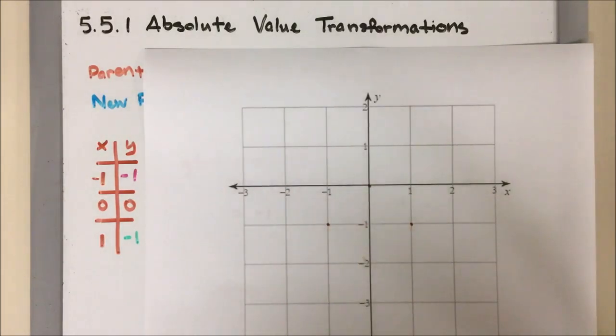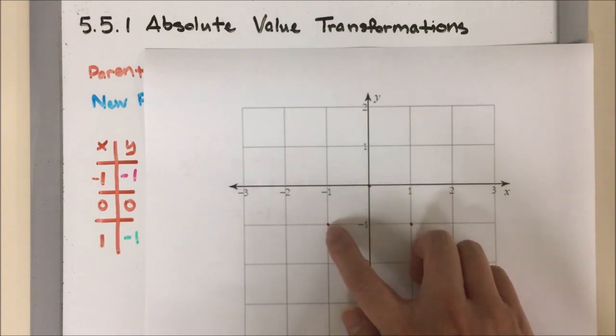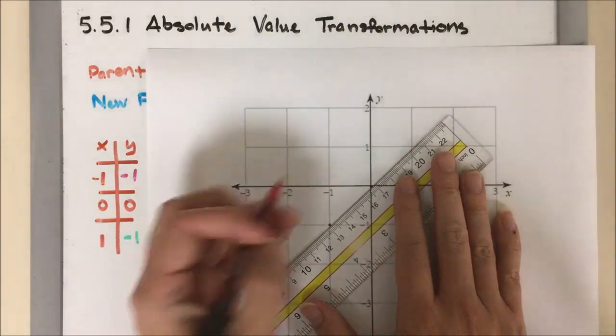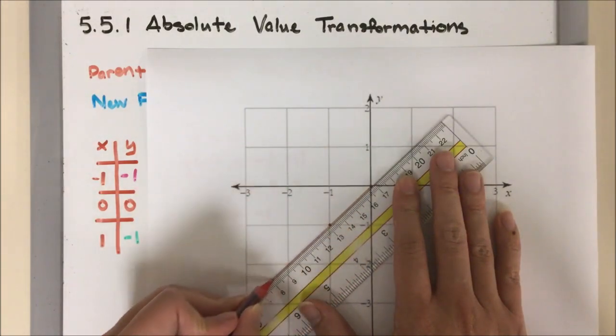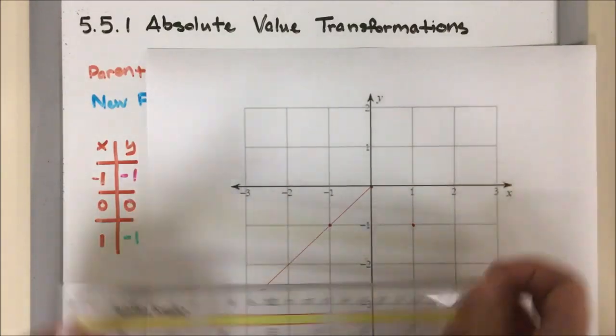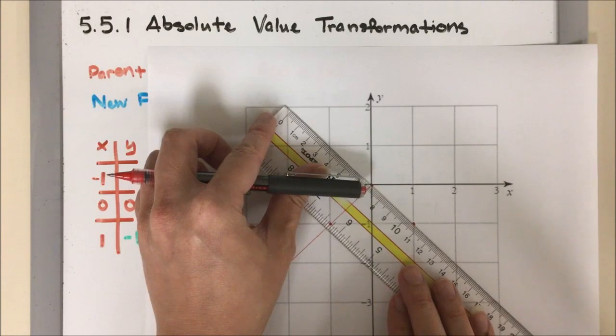So if I were to graph this, I'm going to start from the vertex in the middle, and I'm going to connect to the left point to make my left graph. And then from the vertex to the right point, I'm going to make my right side graph.